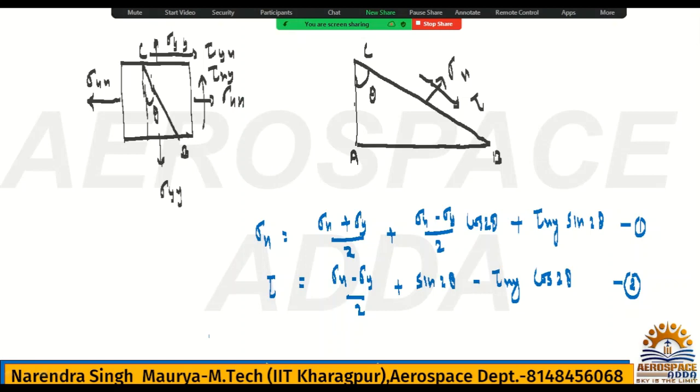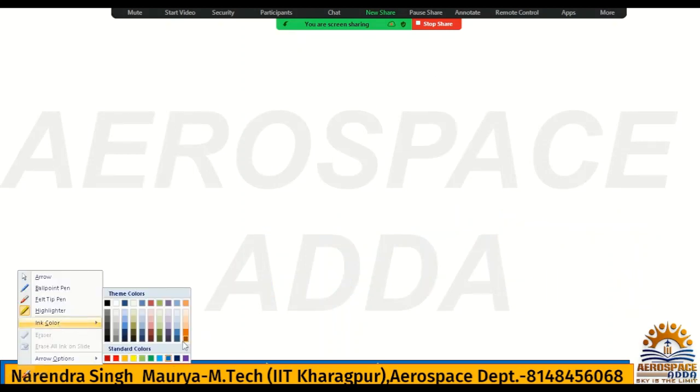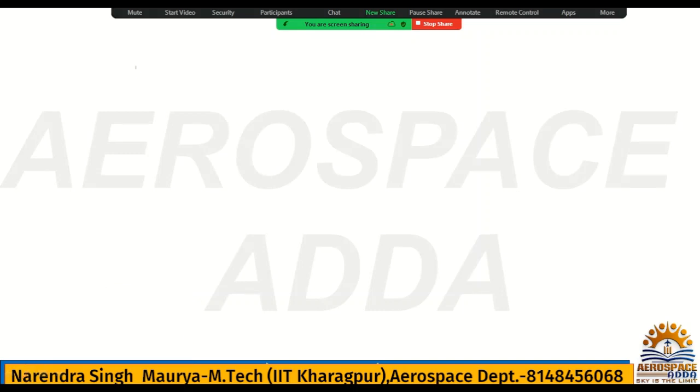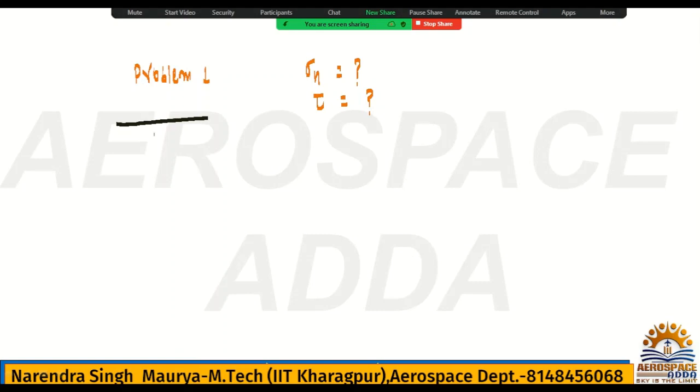Now the problem is what change. This is the problem we are going to do. See, for this problem how this formula will be manipulated. I am just going to write this problem number 1. For this problem I want sigma, the normal stress, as well as tau, the shear stress, and the diagram given for that problem is not like this. So for this diagram, how will your formula be manipulated? Check.